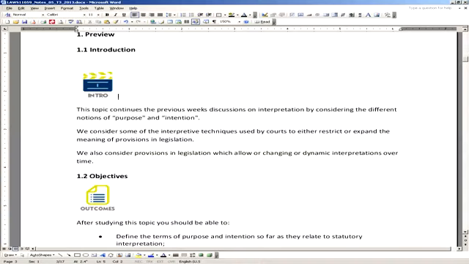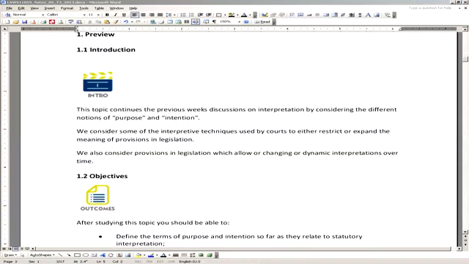This week's lecture really develops on from where we've gone before. That is, we're developing some of these concepts, and we're focusing on this idea of purpose and intention.